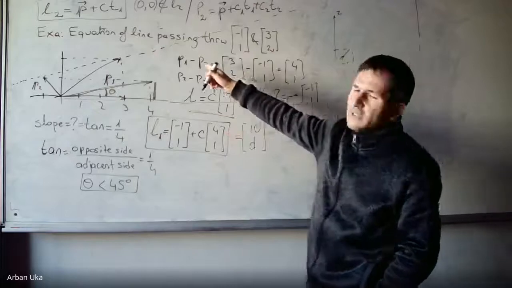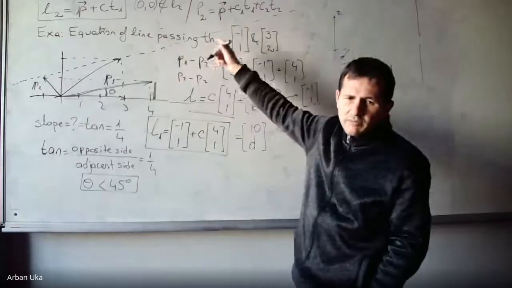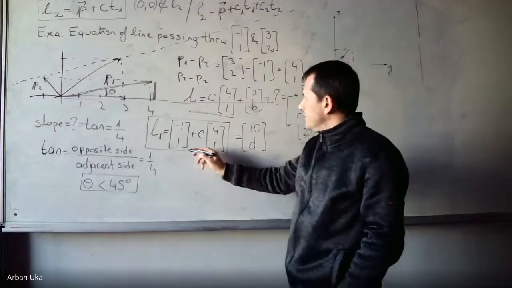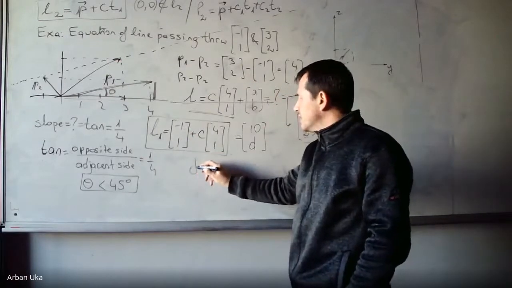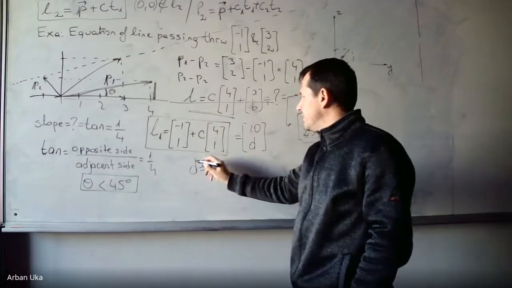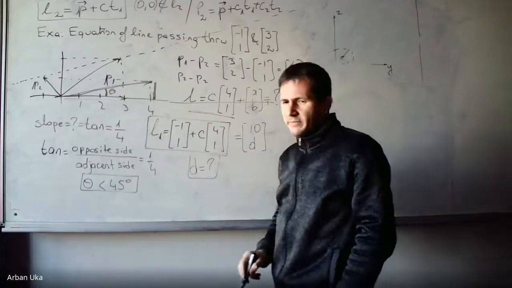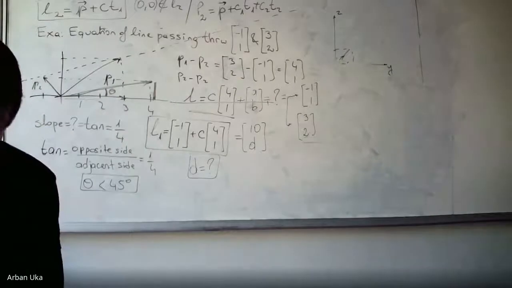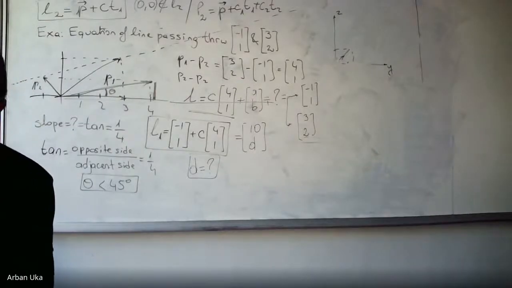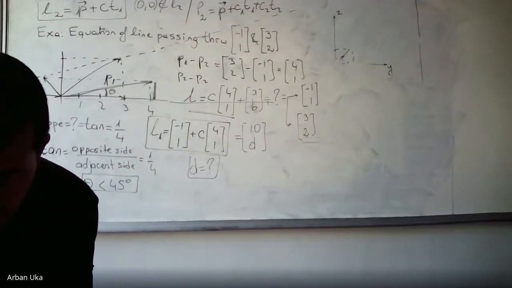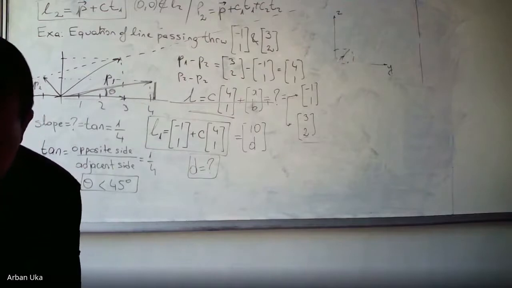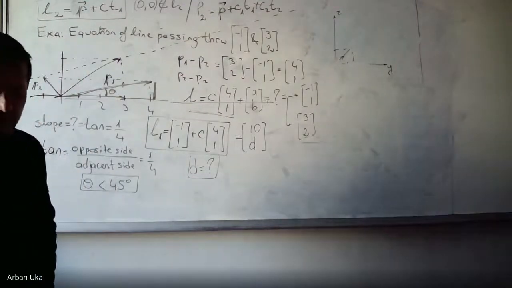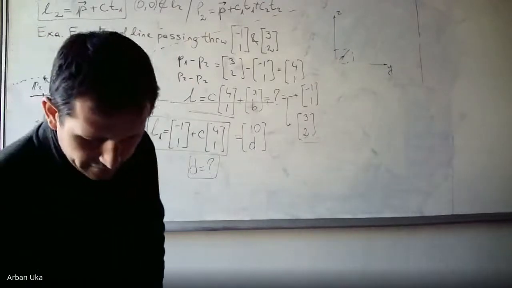Most probably this line at one time will intersect this x = 10 line. So look at this expression and find d. This is an exercise for you, and next time I want an answer from Erwin. Erwin, next time you have to solve it, because you are next in line.